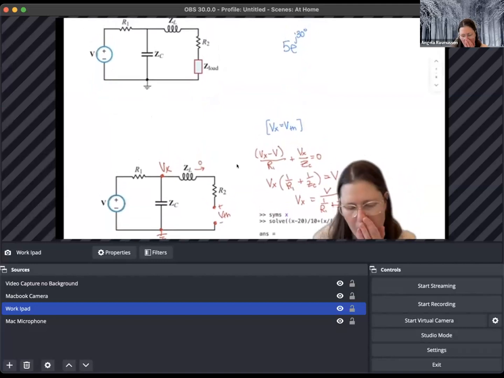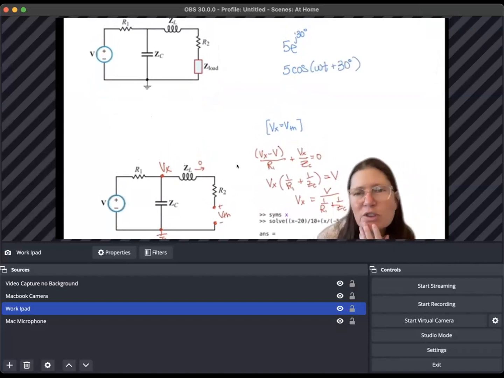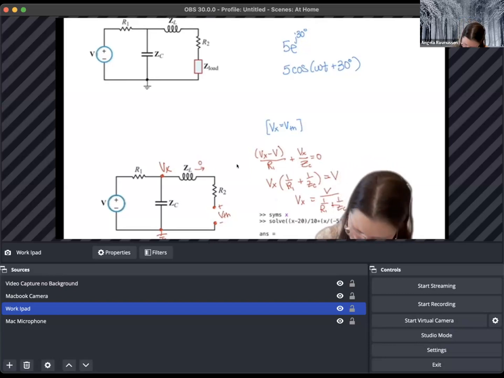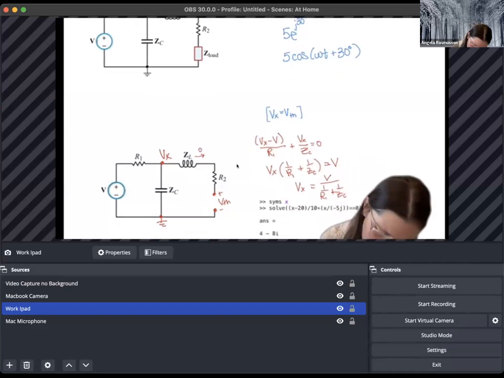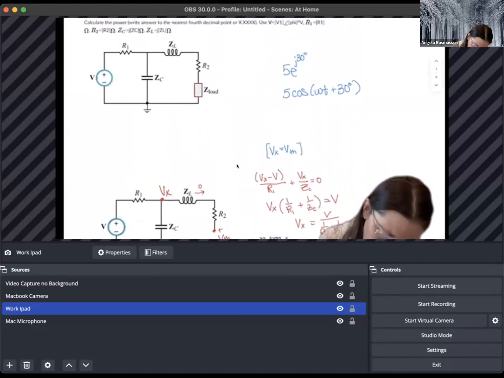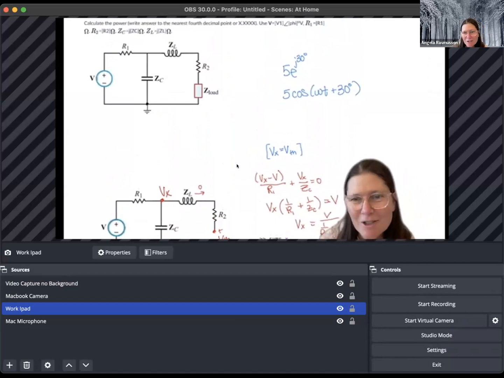Oh, so this is the time domain expression of that, right? And the e^(j30) is a phasor form of that. If you're still using Laplace, that makes it easy because you're assuming that everything still has u(t) to it.